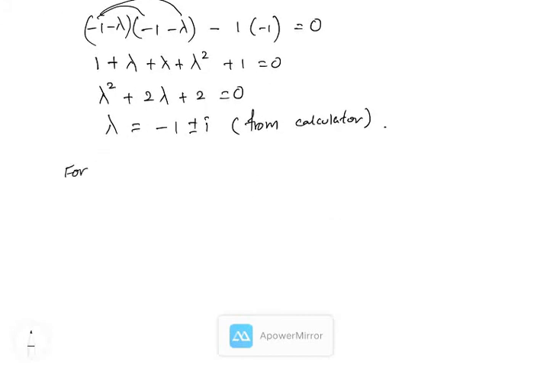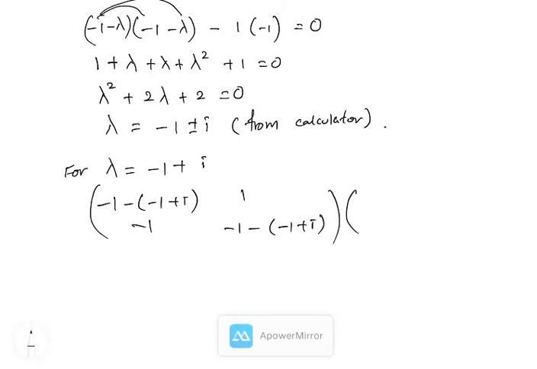So for lambda equal to minus 1 plus i, I get negative 1 minus (negative 1 plus i), 1, negative 1, and negative 1 minus (negative 1 plus i), equal to 0.